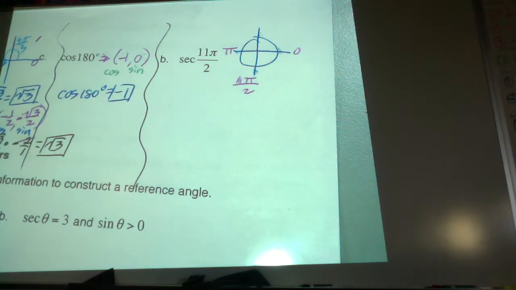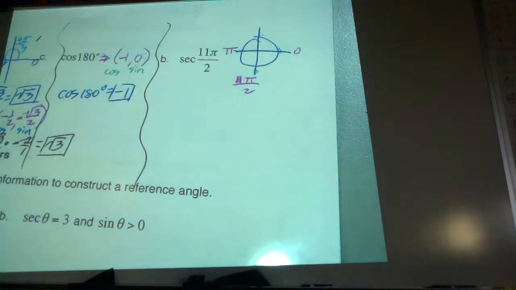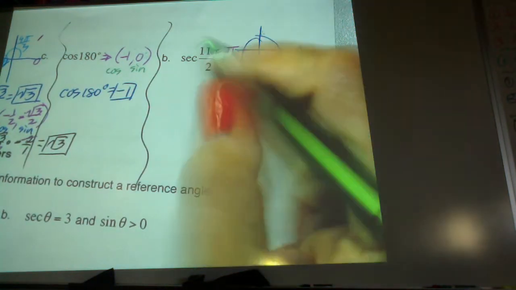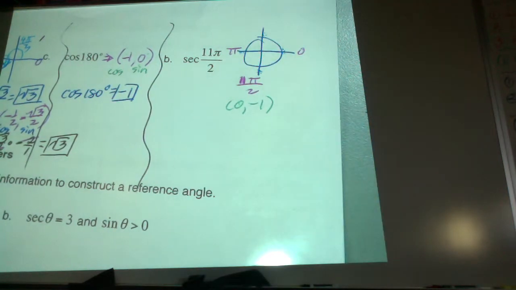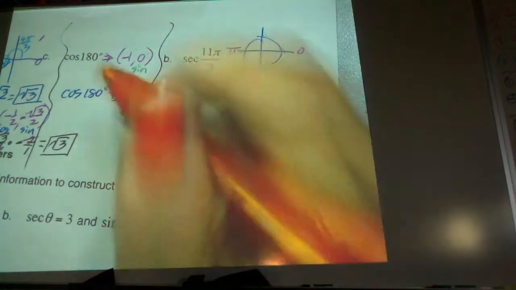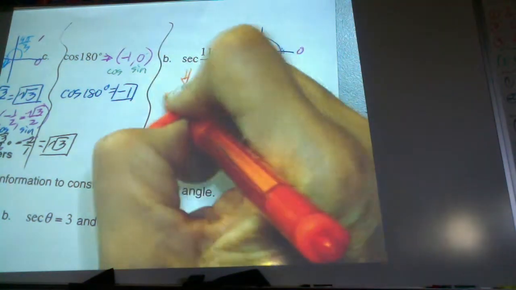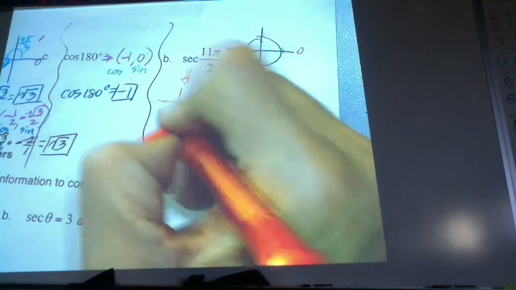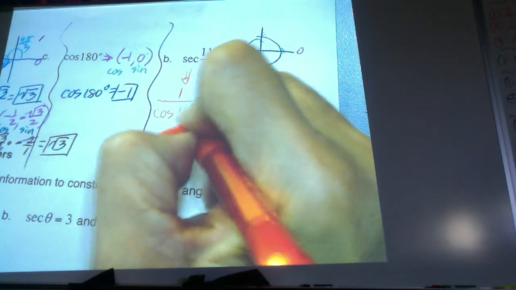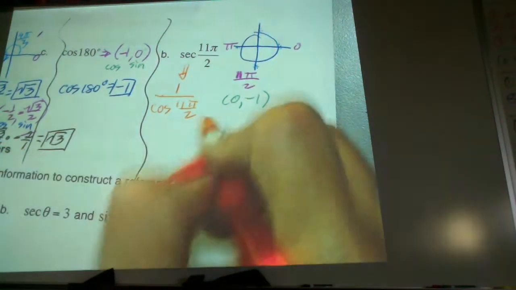I was having a little trouble with it. So what's the ordered pair here? The ordered pair here is 0, negative 1. So secant, I don't like secant. What are we going to convert secant to? So we want to find 1 over the cosine of 11 pi over 2. That's what secant is, 1 over the cosine. So isn't this the cosine here?